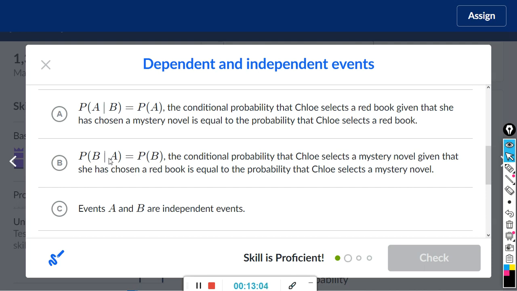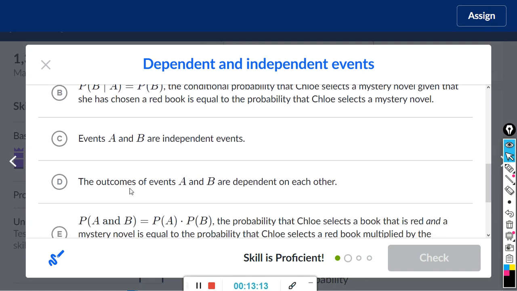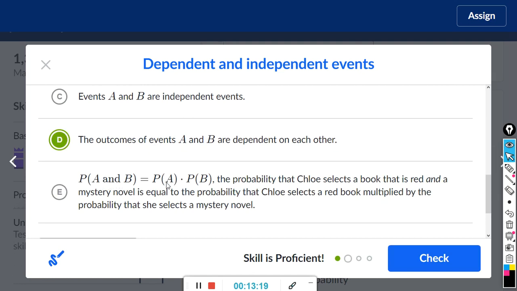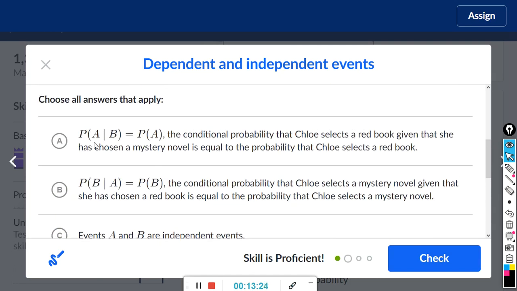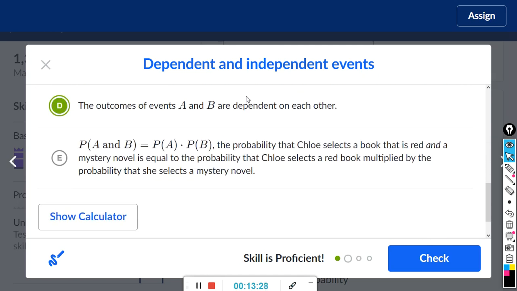This can't be true because they are not independent. We said they're dependent. All right? And here it says independent. We just said they're not true. D says they're dependent. Yes, we did say that. And for part E, we just proved this is not true. Okay? So the only answer is D, even though it says choose all answers that apply. D is the only one because they're dependent.